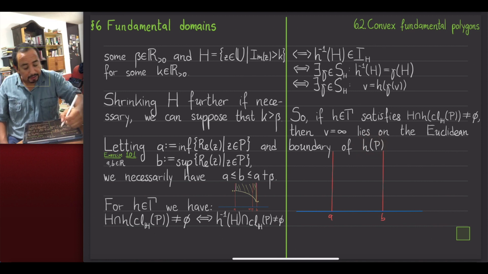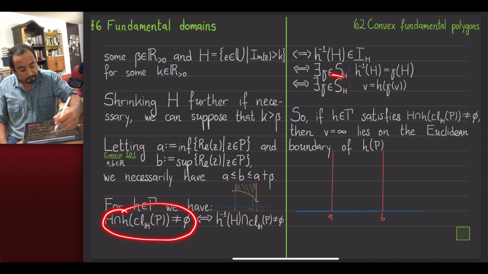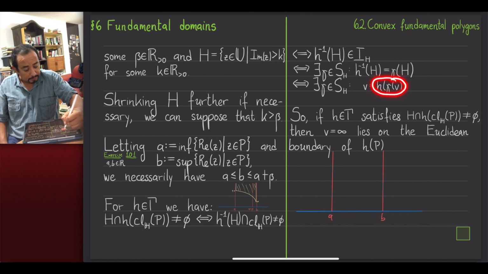Why? Because this is non-empty if and only if this happens. But this tells you that V is in the Euclidean boundary of H of P.